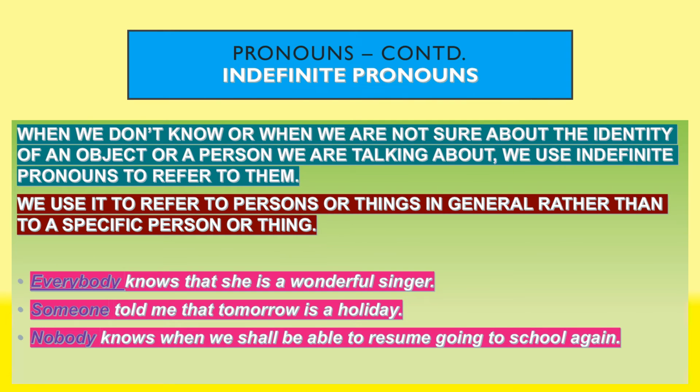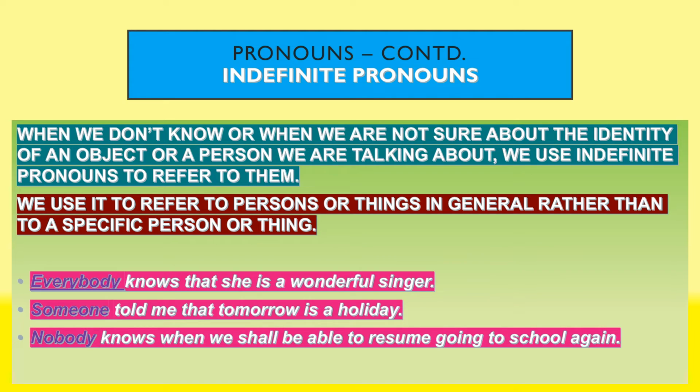Now we move on to another pronoun which many of you sometimes get confused with, and that is called the indefinite pronoun. See, indefinite is something opposite to the demonstrative pronoun. We have done the demonstrative pronouns. In the demonstrative pronouns, we have seen when we know about something specific, when we are pointing at someone or at something, then we use the demonstrative pronoun.